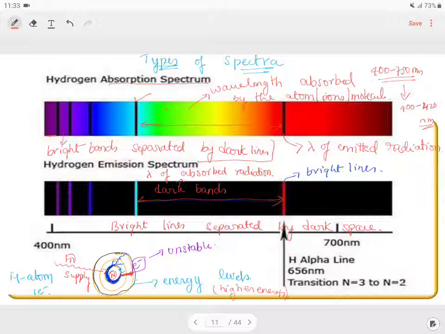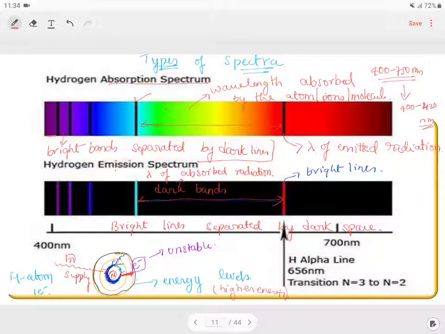What are the examples for emission spectrum? Any spectrum of an atom, like atomic spectra, is an example of emission spectrum. If you consider rubidium, cesium, sodium, or any other element, and find out the wavelength of emitted radiation, the resulting spectrum will be an emission spectrum. One more important characteristic: in this example, we have taken hydrogen absorption spectrum and hydrogen emission spectrum, and both of them are opposite to each other.